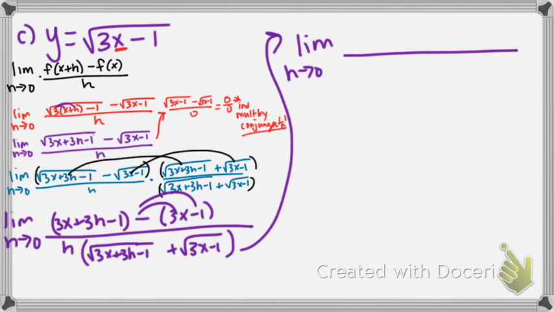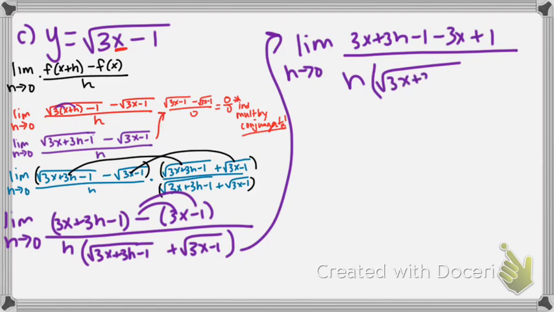Okay, so let's go ahead and get 3x plus 3h minus 1 minus 3x plus 1 all over h. Okay. Hopefully you can see it on the top. Remember, we said anything on the top without an h should cancel.